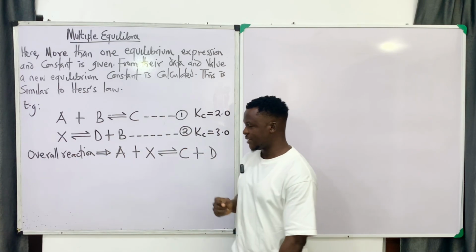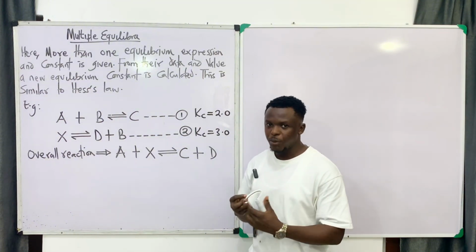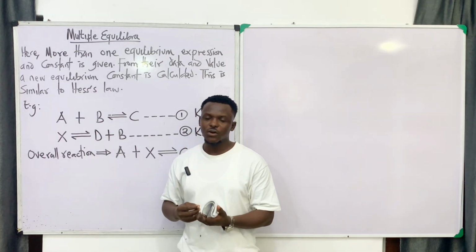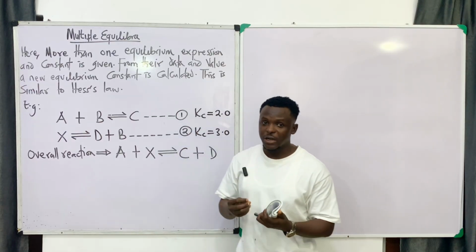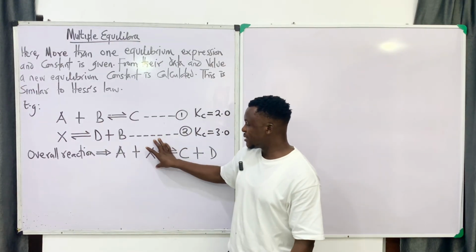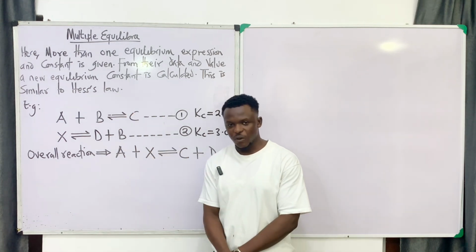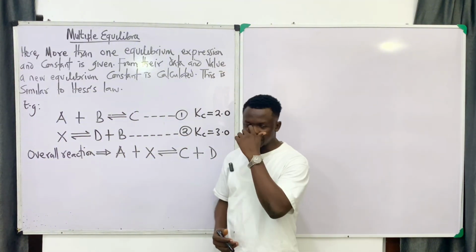Now the question says we should find the equilibrium constant of this reaction. I purposely wrote overall reaction here to make us understand that this is the one you're asked to find using these two individual reactions.